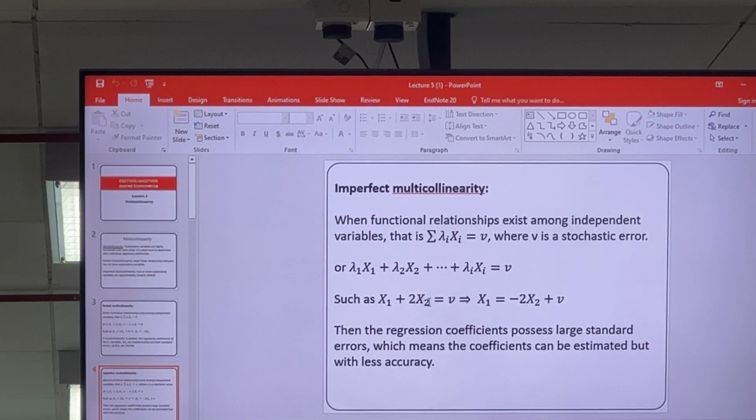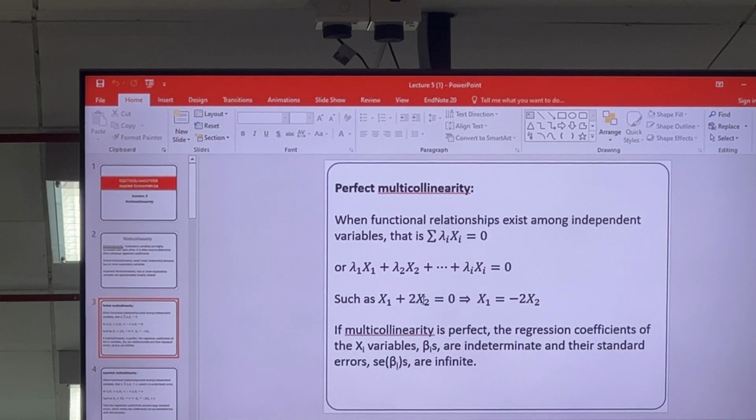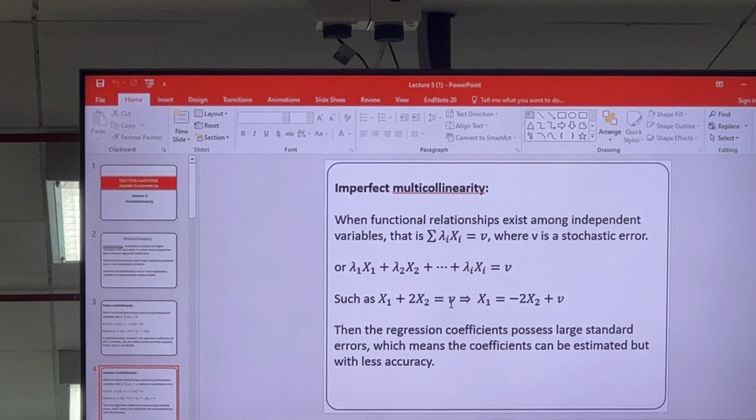This is similar to the previous example, but perfect is equal to 0, while this one equals a certain value, negative or positive, though it is also possible to be 0. Some combinations of x1 and x2 may equal 0, others negative or positive, but they are almost similar values, approximately equal.